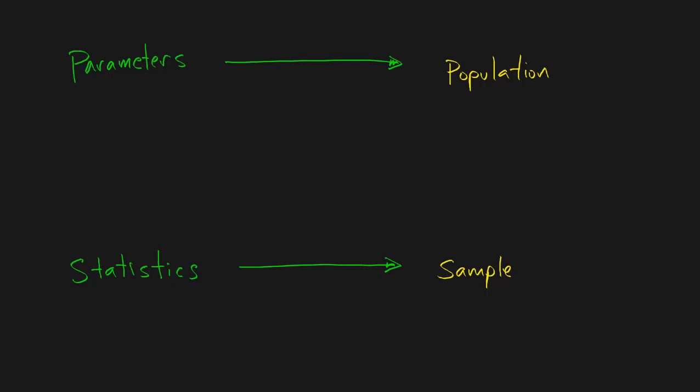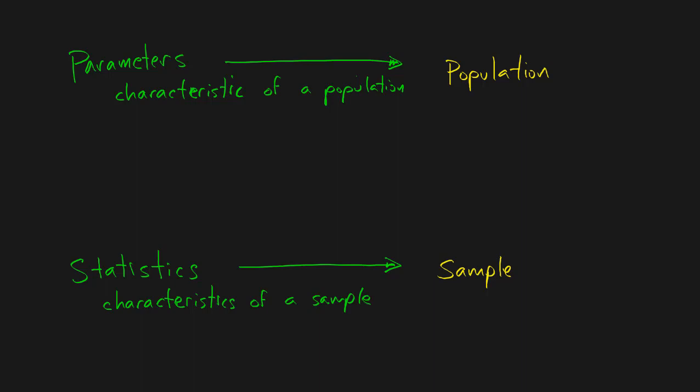So a parameter is a characteristic of a population, whereas a statistic, or statistics, these are characteristics of a sample.